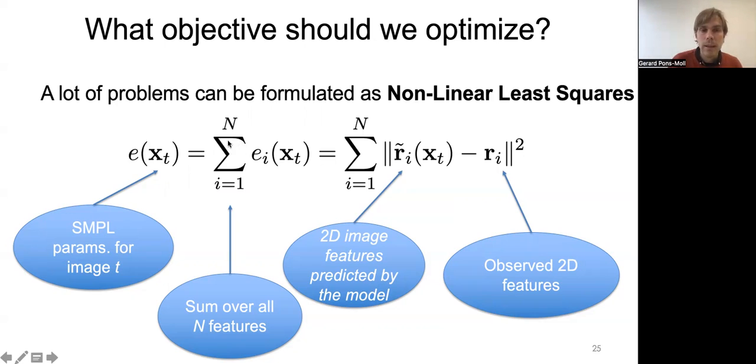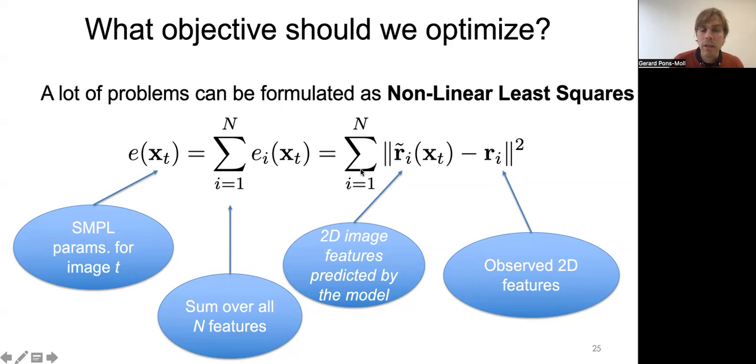This will be a sum of individual contributions, E_i, for each of the features. For example, a feature could be edges, or point-to-point matches, or point-to-line distances. These E_i are these individual contributions, which are also scalars.